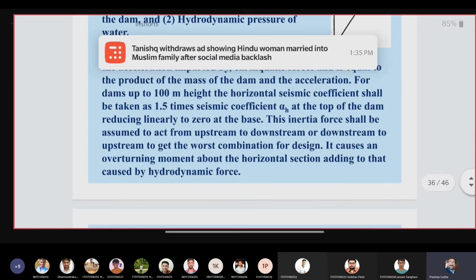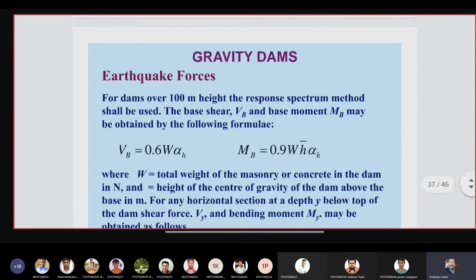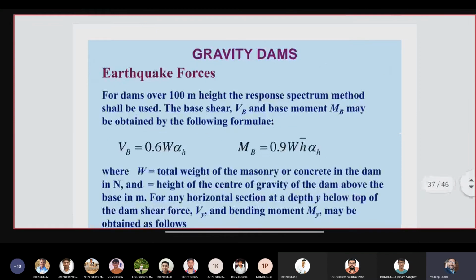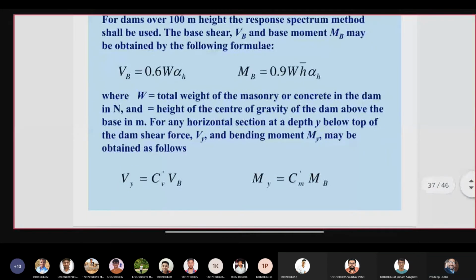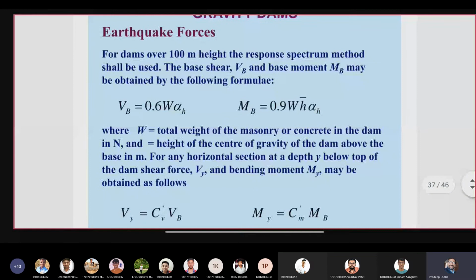That is what is written here. So now for the dam, we are multiplying just that C alpha H to the weight of the dam, and we'll get the amount of earthquake force, the horizontal inertia force, which is adding to the hydrostatic force.